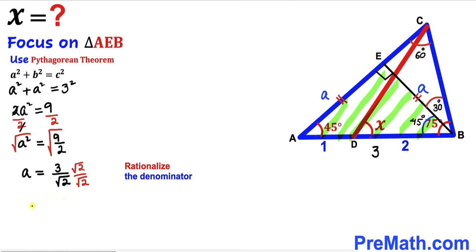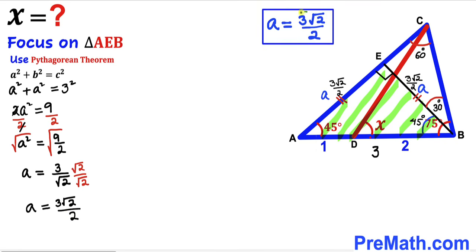So therefore our lowercase a value turns out to be 3 times square root of 2 divided by 2. In other words, this side BE is going to be 3 times square root of 2 divided by 2. And likewise this side AE is going to be 3 times square root of 2 divided by 2.